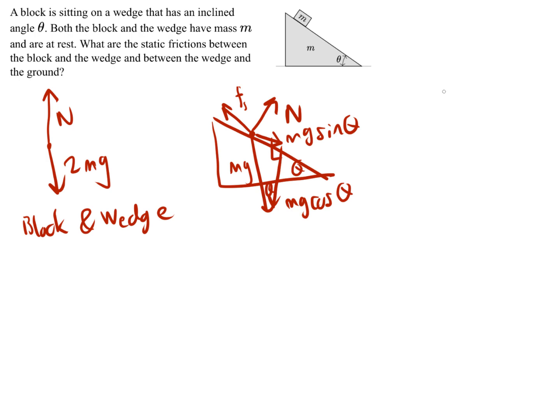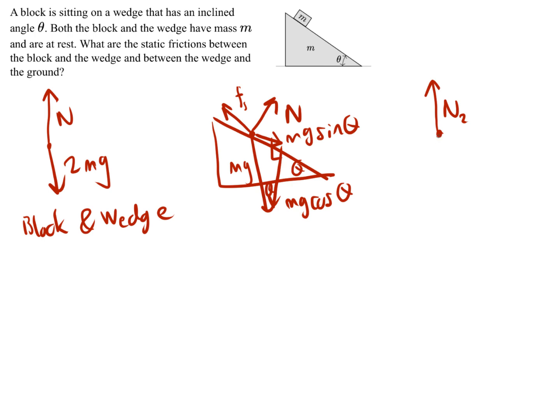And then we have one more, which is the diagram for the wedge, which I'm going to draw like this. I really just need a single dot. So again, you have the normal force.